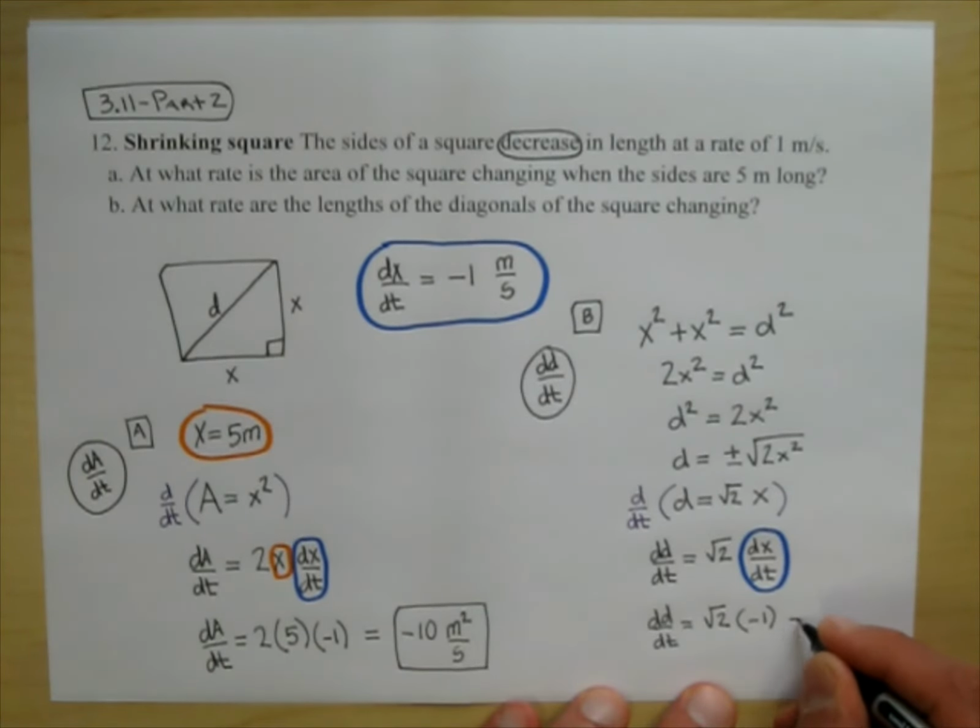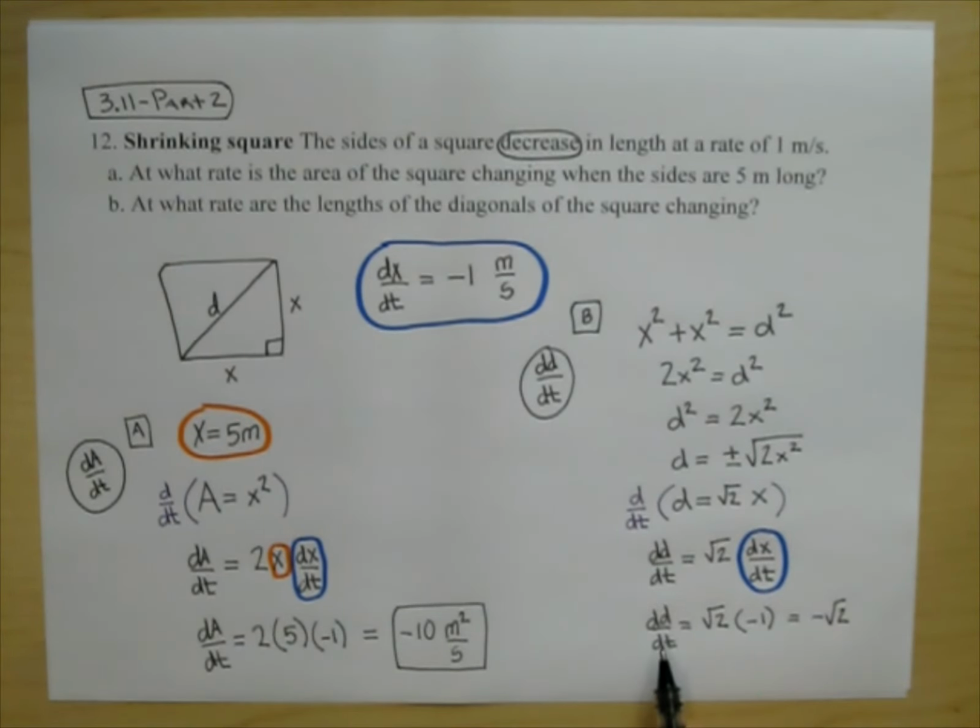So what does this give me? This gives me negative root 2. Now the diagonal is measured in meters, so we're going to say negative root 2 meters per second.